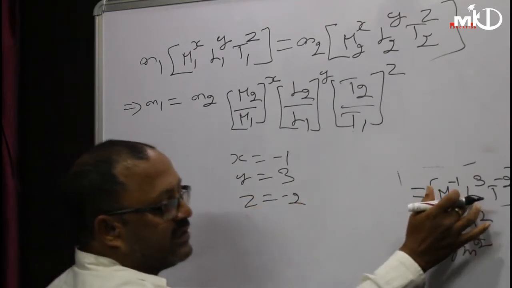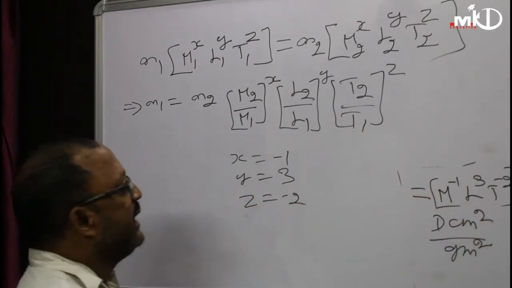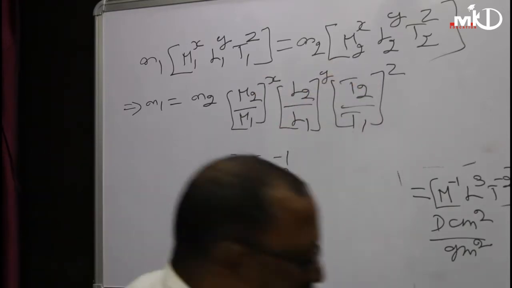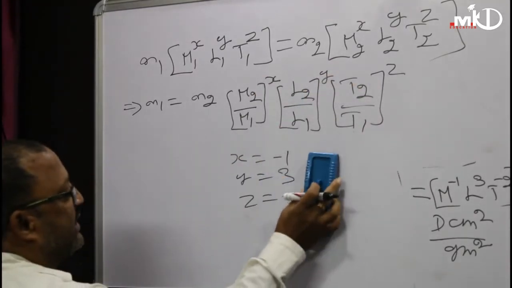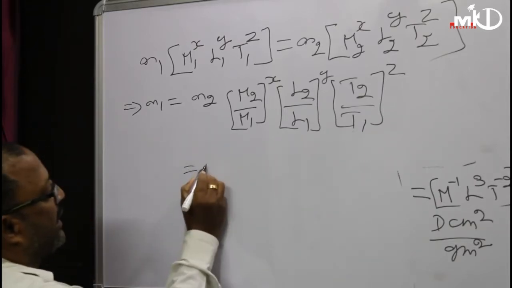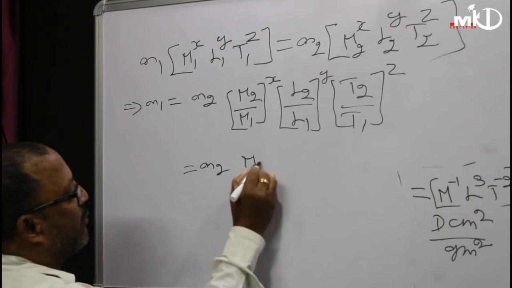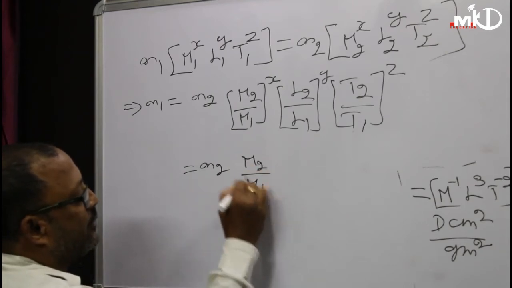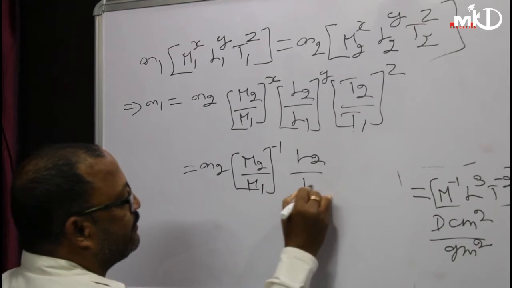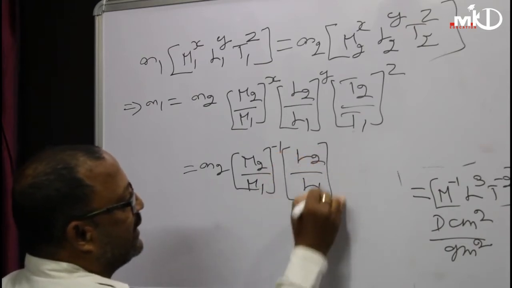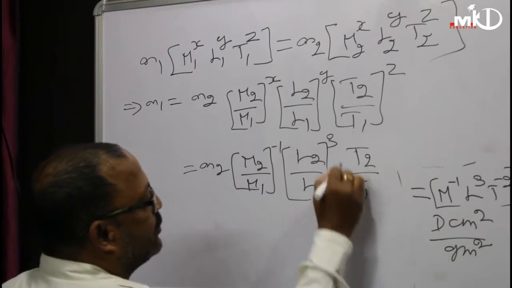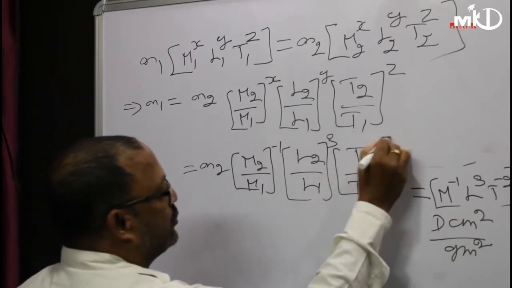You compare with these dimensions. Then by putting the values of X, Y, Z in this expression, N1 becomes N2 into M2 by M1 to the power minus 1, L2 by L1 to the power 3, then T2 by T1 to the power minus 2.